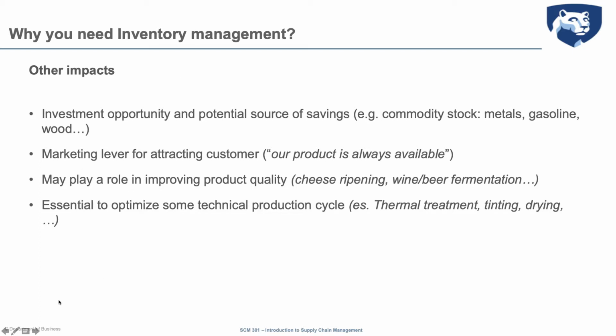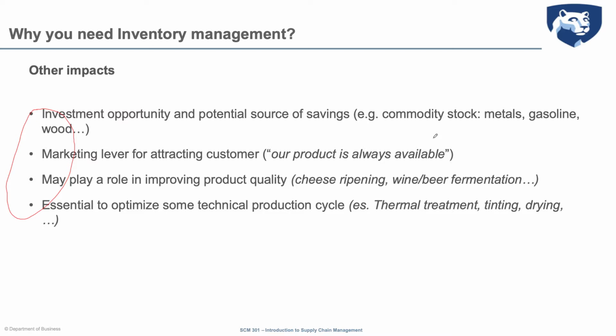Of course, these are not the only ways through which inventory can create value in supply chain, such as increasing the service level or decreasing the operational cost. We are not dealing with that, but just remember that, for example, there are some materials called commodities, the ones that are quoted in the stock market, like metal, rice, paper, wood, gasoline.